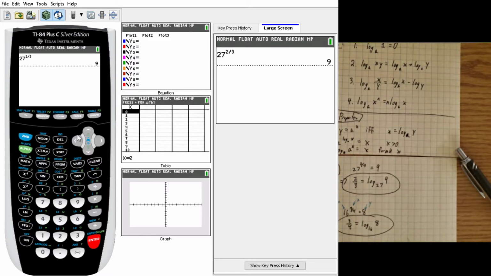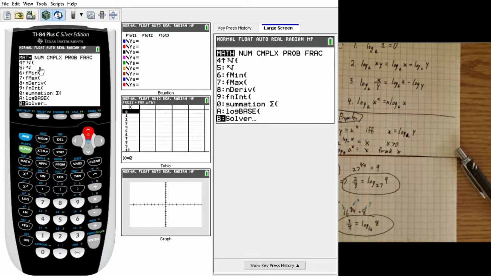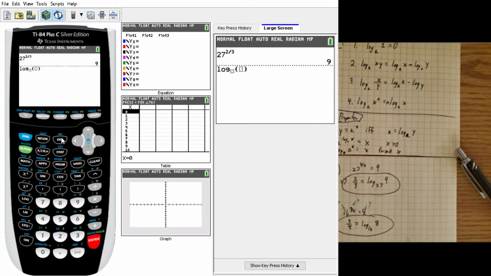For this one, there is no log base a in your standard TI-84 calculator, and for many calculators, there isn't a log base a. For the TI-84s, and for those like it, if you go into the Math tab, one of your options in the Math tab is log base, which allows me to type in 27 and 9, and I get 2/3 exactly as expected.